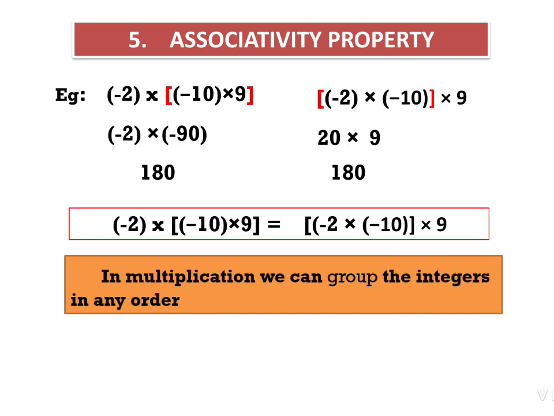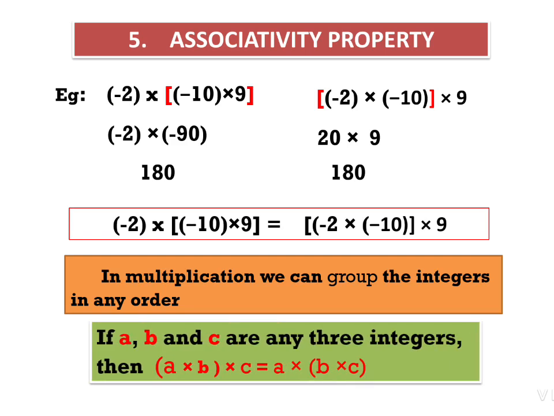In multiplication, we can group the integers in any order. That is the associative property. If A, B and C are any three integers, then A into B into C equals A into B into C. This is the associativity property.